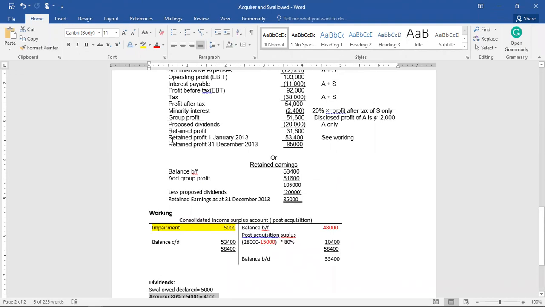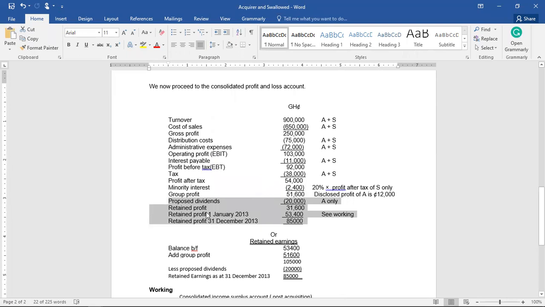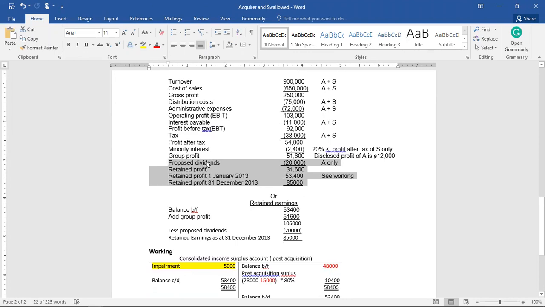Now, this side of the financial statement can be added to the group profit, just like the way I did. Or you can decide to take it off and represent it like this. You are correct either way.